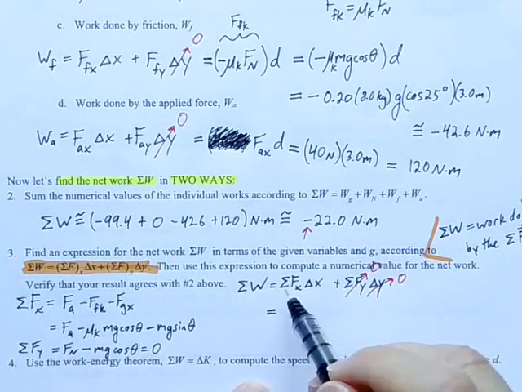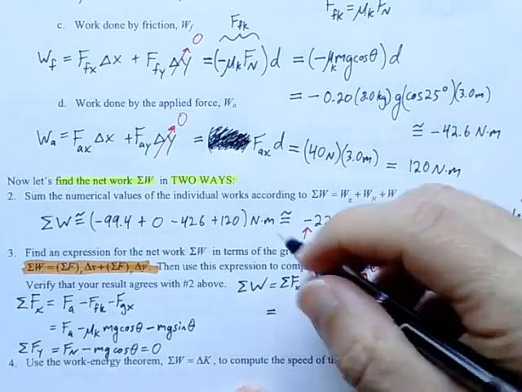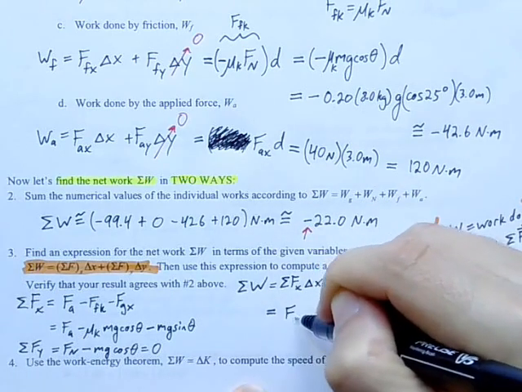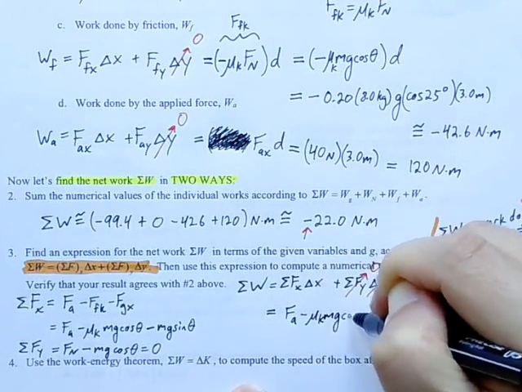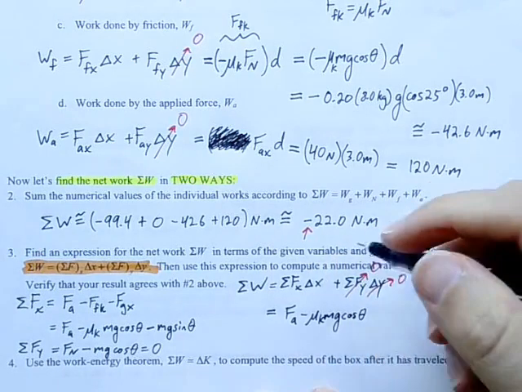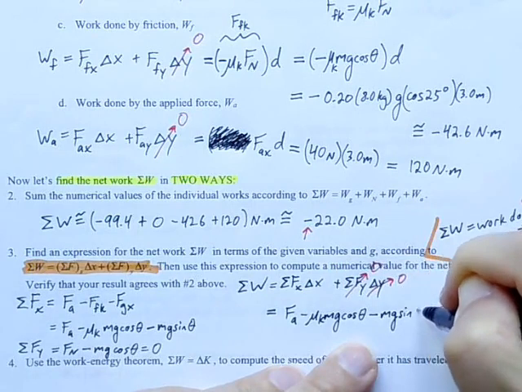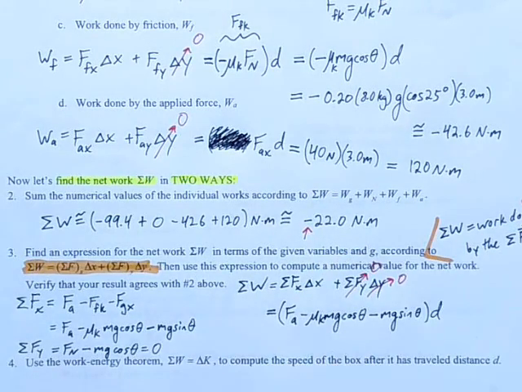So we're just going to multiply the net force in the x direction times the displacement in the x direction. Our net force in the x direction is this expression. So Fa minus mu k mg cos theta minus mg sine theta, all that times the displacement d.